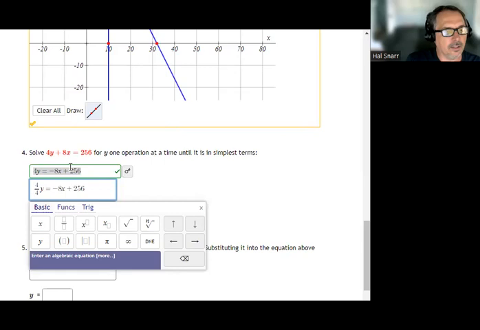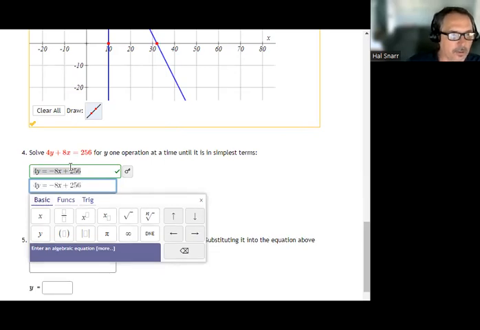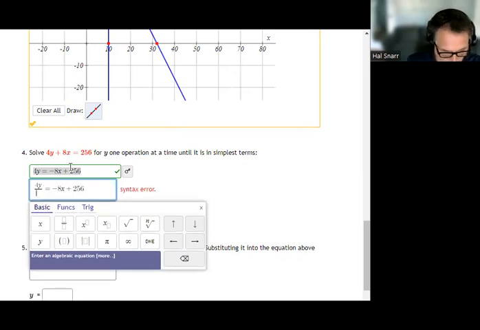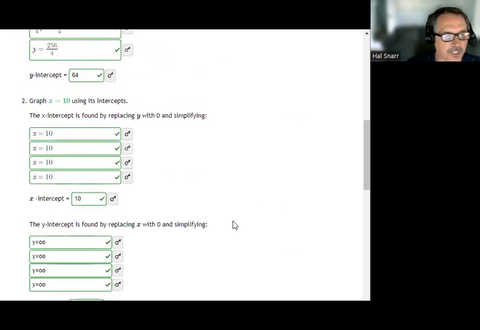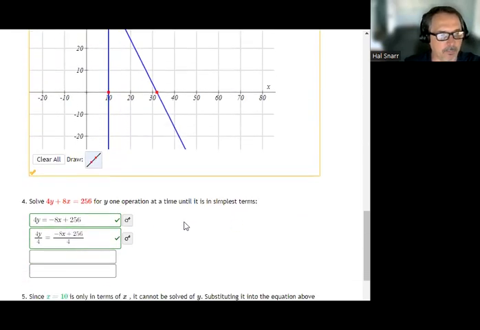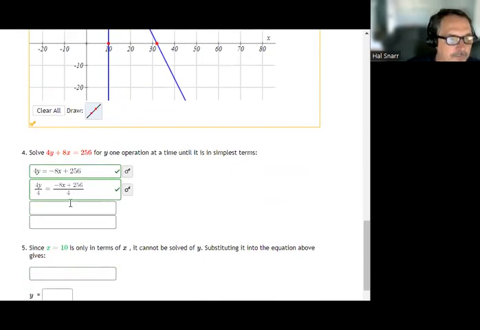So what I'll do is this. Instead of doing it that way, I'll do it this way. I'll divide this side by 4, and then I'll divide this side by 4. And I'll hit enter to make sure that I got it right. So this gives you a kind of a step-by-step process through solving for y.